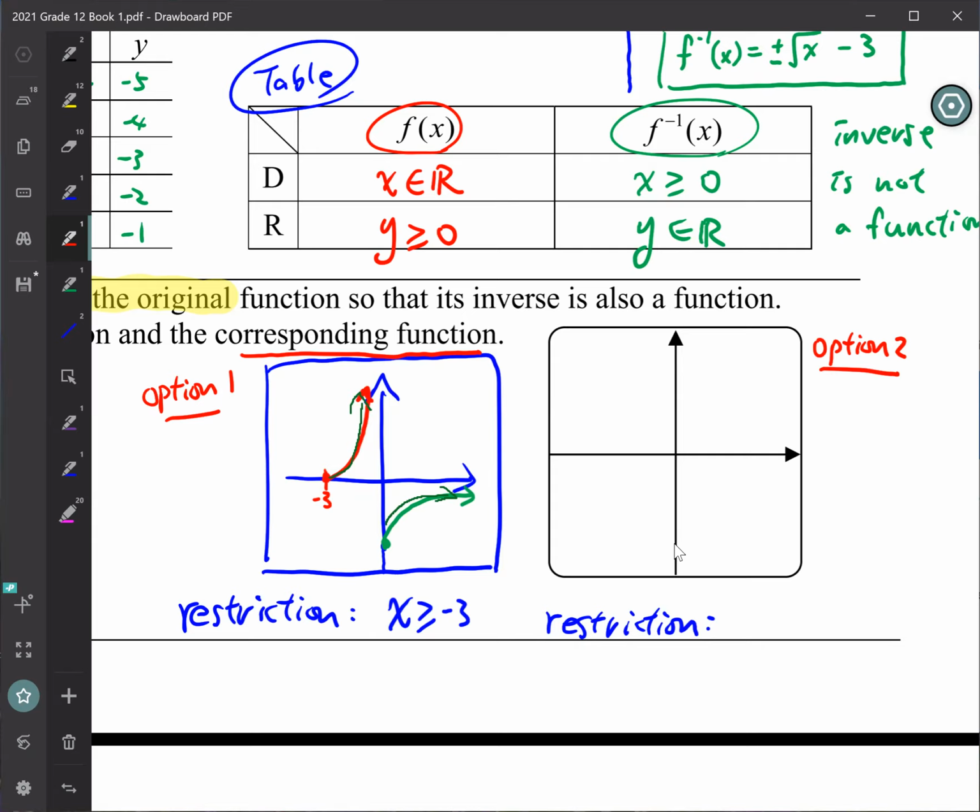All right, so Eric, what's the restriction for the second one? Is it X is greater than -3? We just did that. Oh, wait, the second one.